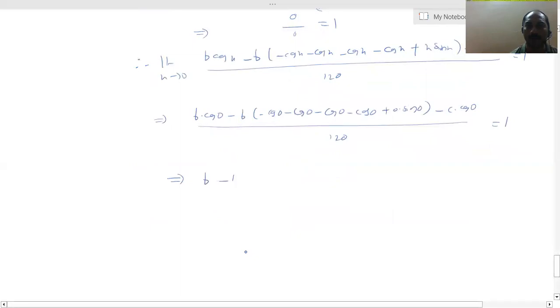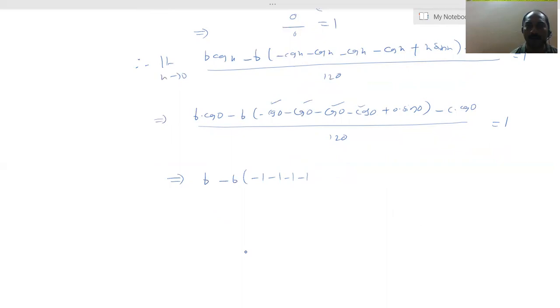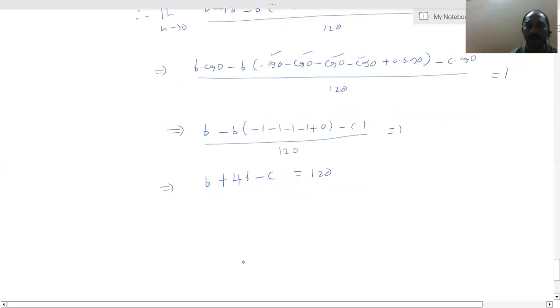That gives b minus b times cos 0, four times minus 1, that value 0, minus c times cos 0, 1 by 120 equal to 1. That implies here minus 4 plus 4, totally plus 4b minus c equal to 120 by cross multiplication. Now 5b minus c equal to 120.